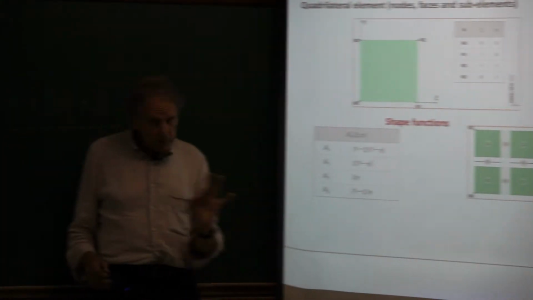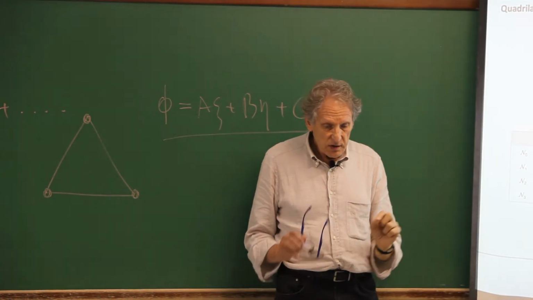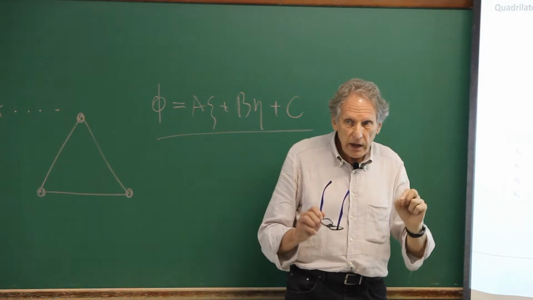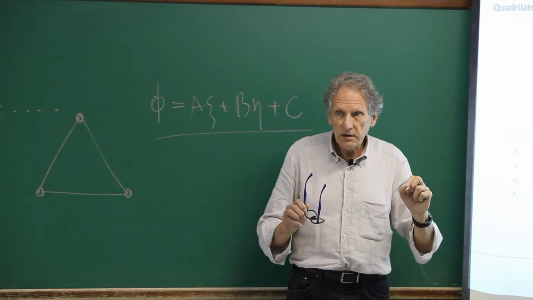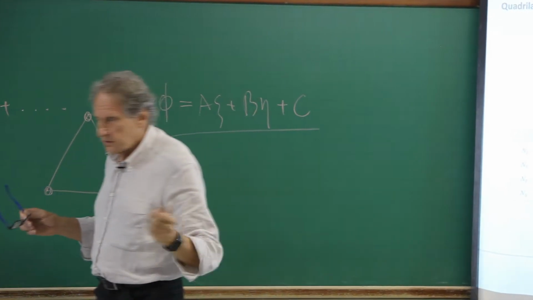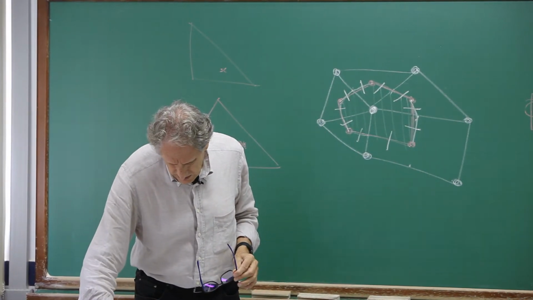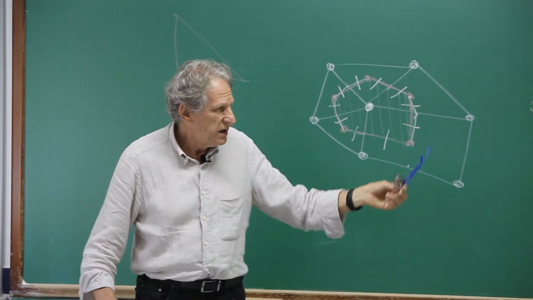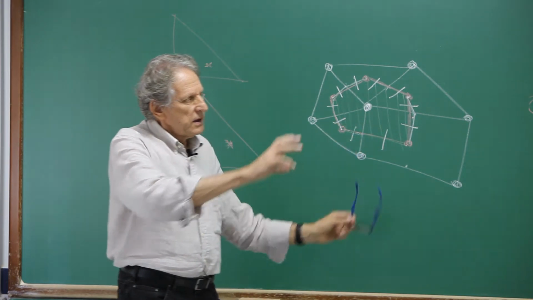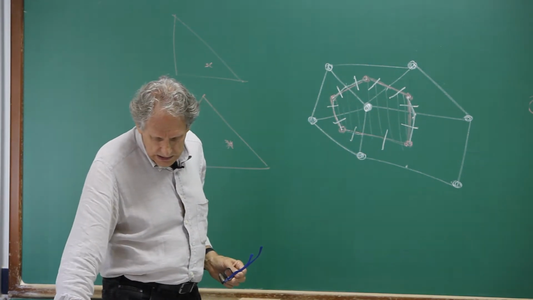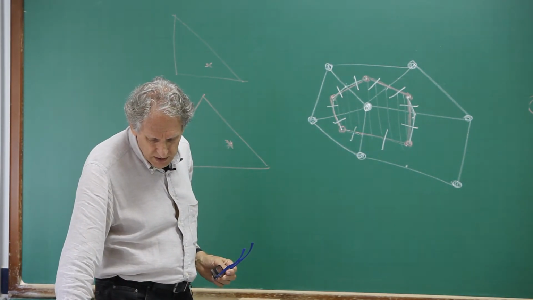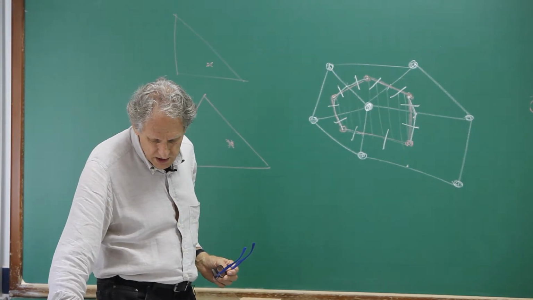But the function changes if you change the x and y axis inside your element. That's obvious, you know. It's okay? And then triangles, you have 3. This is showing how many sub-elements or sub-control volumes: there you have 4, and for triangles 3.